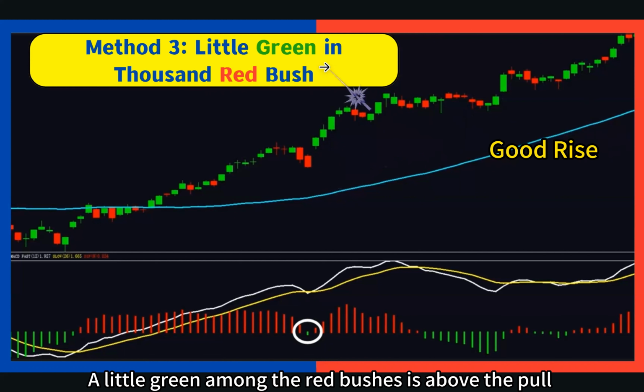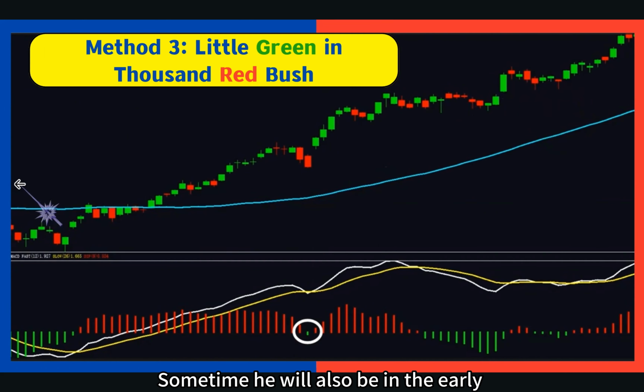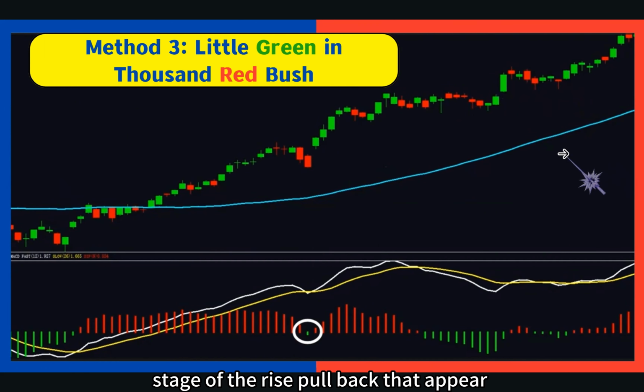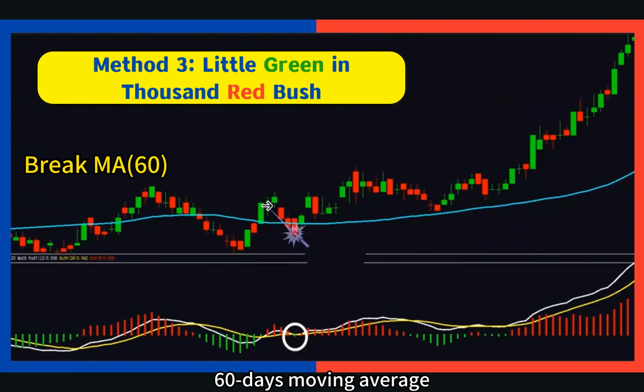A little green among the red bushes, above the pullback of strong stock, is more suitable as a reversal buying point after a sudden fall. Sometimes it will also appear in the early stage of the rise pullback. For example, the position in the picture has just crossed the 60 days moving average.